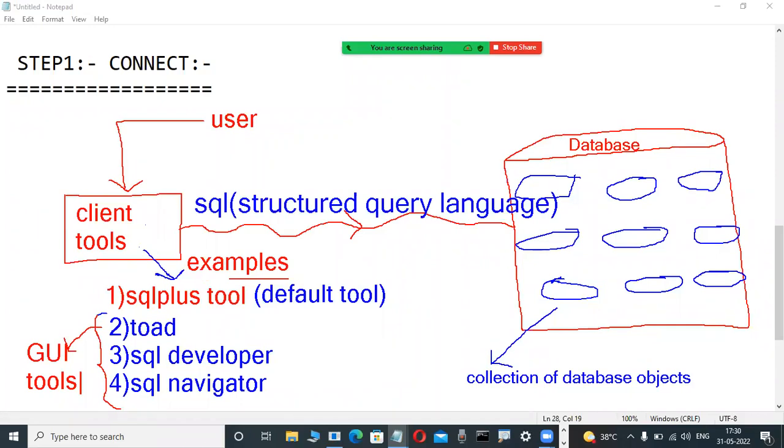For example, I'm designing commit and rollback of some transactions through the SQL Plus tool on the tool side. Then you will understand.